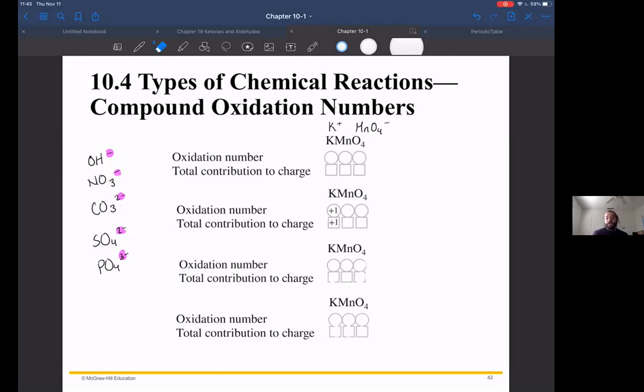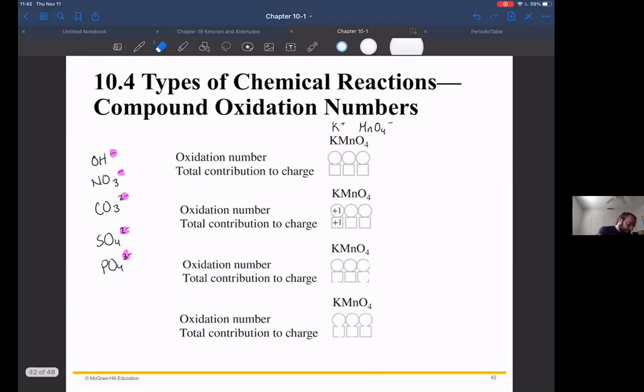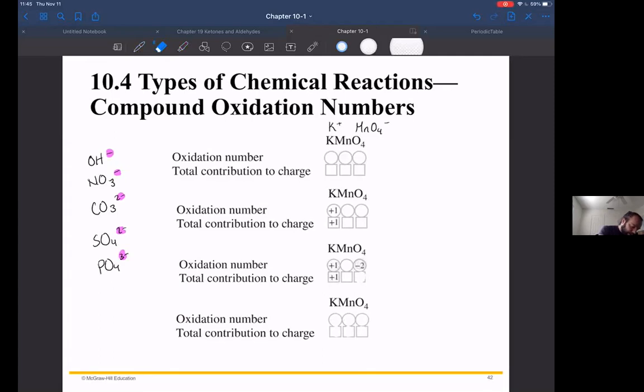Okay. The next thing that I can figure out based on those rules is oxygen. Oxygen almost always has an oxidation state of -2 unless it's in a compound with fluorine. We're not in a compound with fluorine, so the oxidation state of oxygen would be -2. The contribution to the overall charge would then be -8.